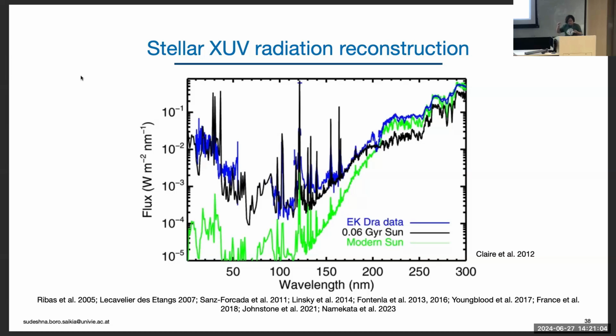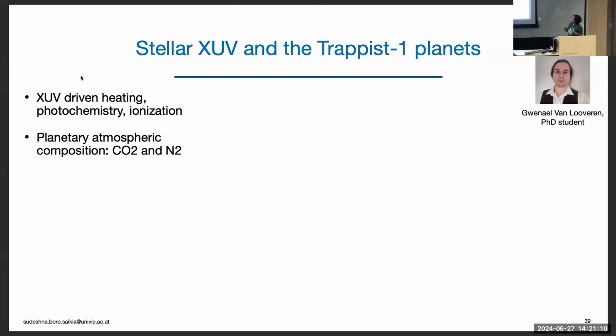This is where I want to show one example of why this particular wavelength range really matters. I wanted to show some results by Gwenaël van Looveren, a PhD student in our group, who studied the impact of XUV on a 1D atmosphere comprising carbon dioxide and nitrogen. This is for the TRAPPIST-1 rocky planets.